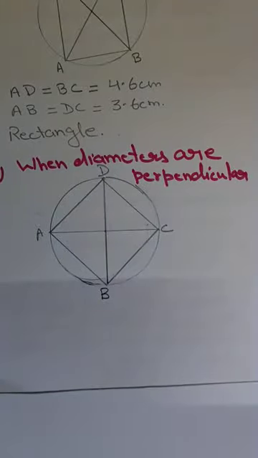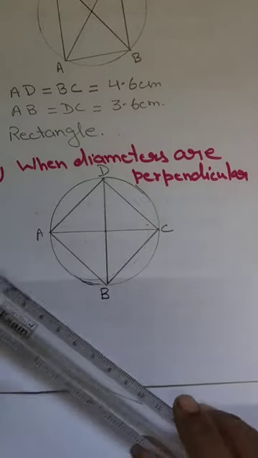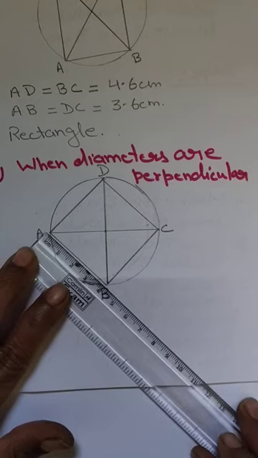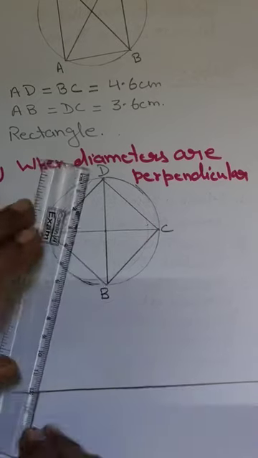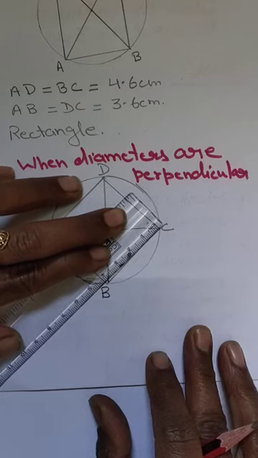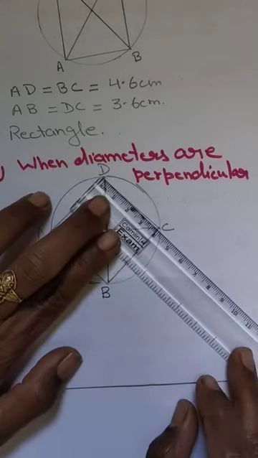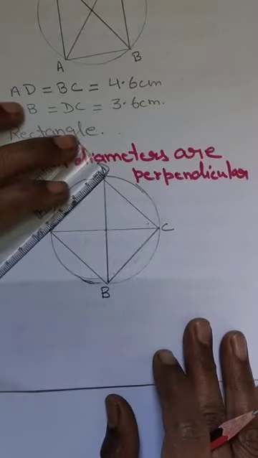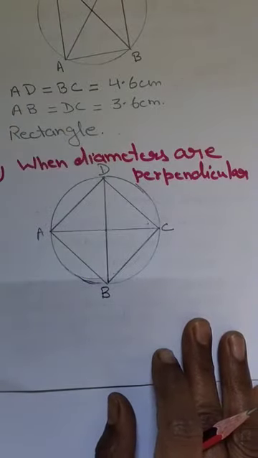Okay, so if the diameters are perpendicular to each other, then by joining the ends of two diameters, we get a square. And how can we check? By measuring it. This is 4.1 centimeter. This is also 4.1. This is also 4.1. And this is also 4.1.